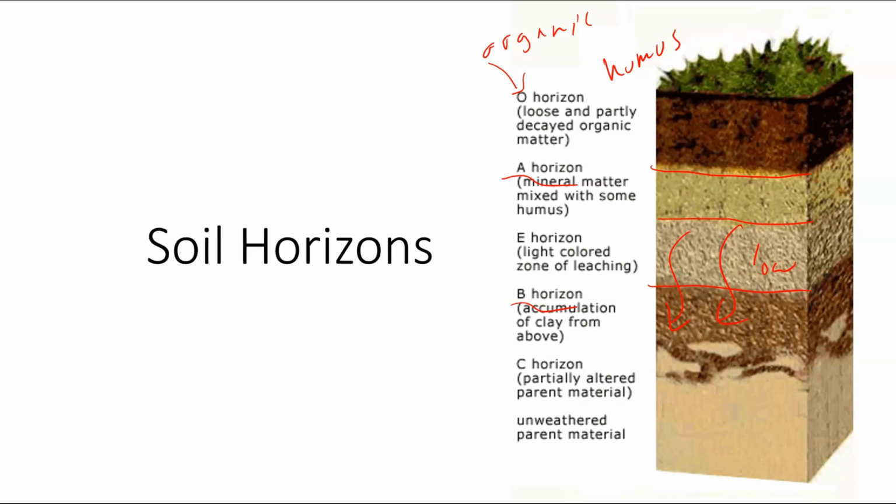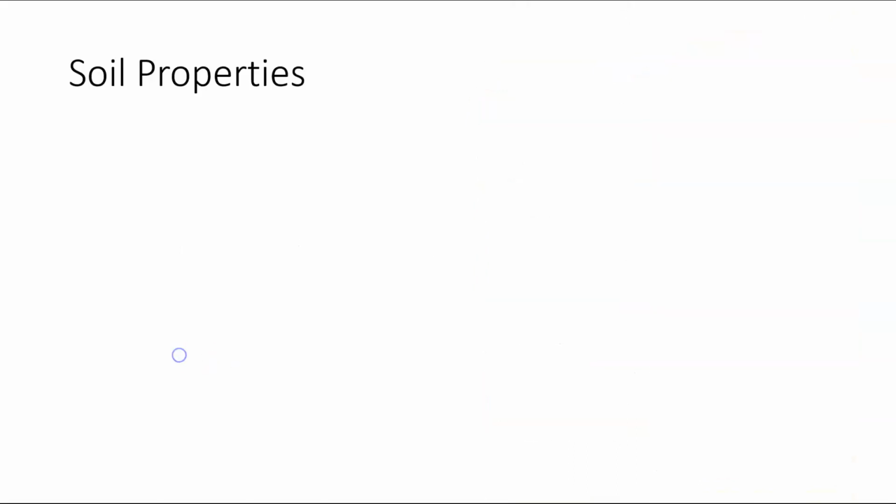So it can actually be fairly high in nutrients, mineral nutrients anyways, but it doesn't have the types of properties we'd look for in a high quality soil. And then our C horizon is where we start getting close to the bedrock, where we have large pieces of rock and gravel mixed in with soil. So you guys are going to want to know what those soil horizons are and their basic properties, but don't spend too much time on it.